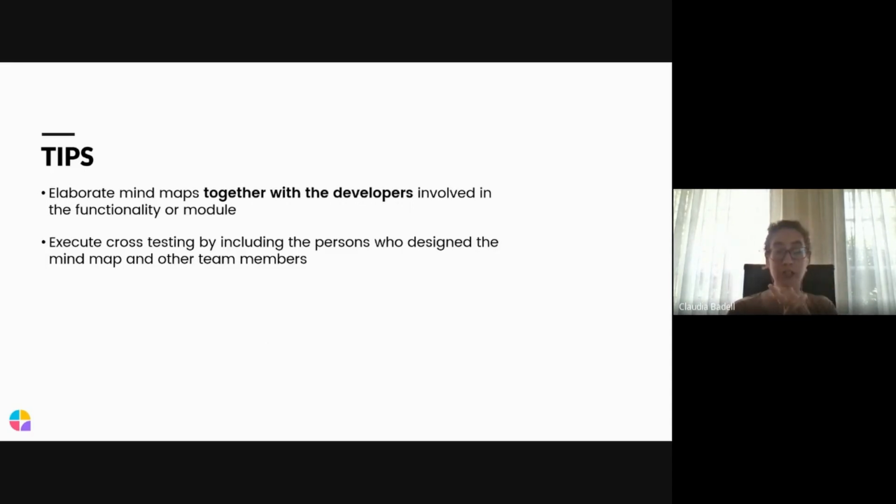Another recommendation is to execute cross-testing by including the team members who designed the mind maps and other team members, because having a second set of eyes can help us identify new test ideas and variables that were not identified when they designed the mind map the first time.